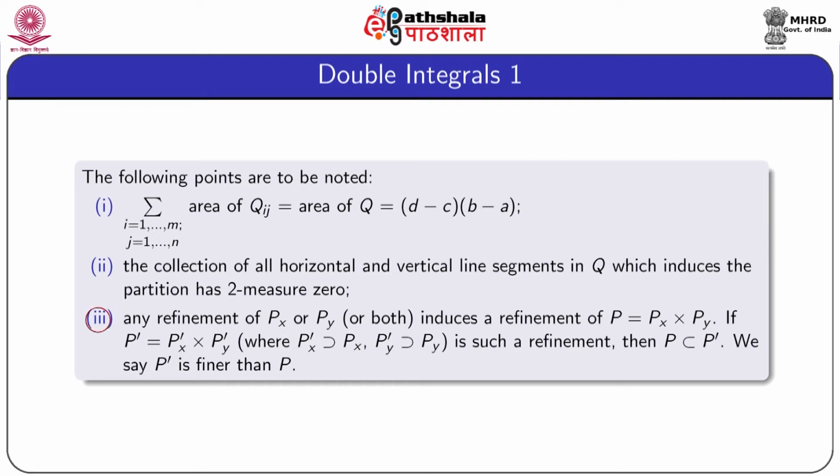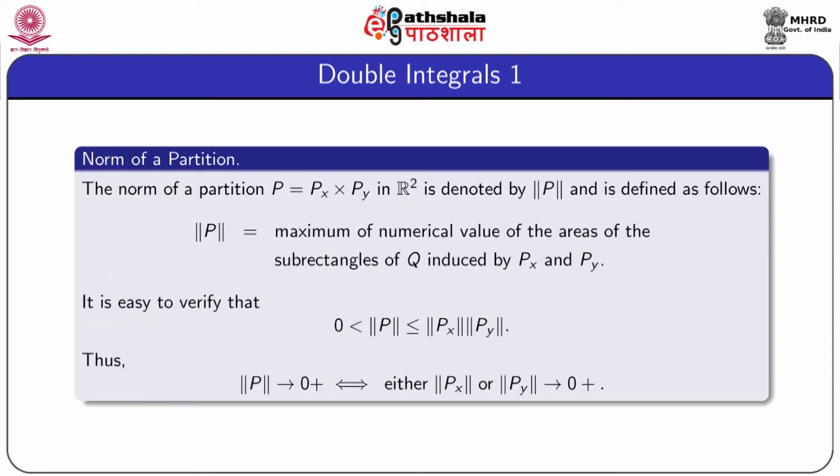Any refinement of Px or Py or both induces a refinement of P equal to Px times Py. If P dash equal to Px dash times Py dash, where Px dash contains Px and Py dash contains Py, is such a refinement, then P is a subset of P dash. We say P dash is finer than P.